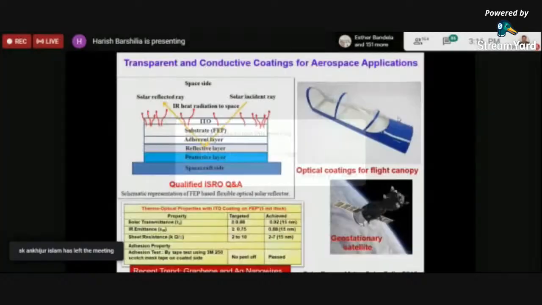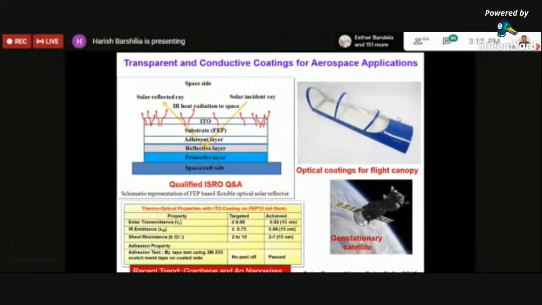Generally, the sheet resistance can be low only in the case of metals, but metals are opaque. They cannot allow the transmission of solar radiation, which is required for your solar panels to generate the power for your satellite. So this is another application wherein these kinds of coatings can be used.